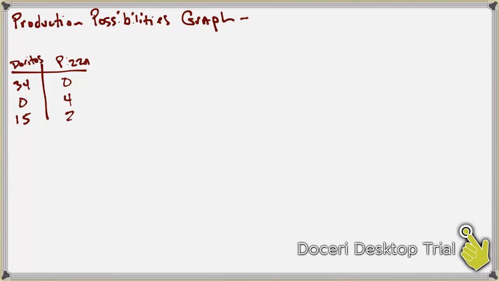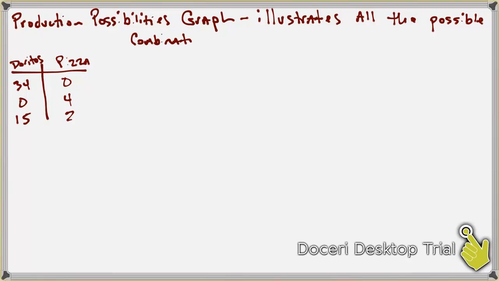So by definition, I'm going to put down that the production possibility graph illustrates all the possible combinations that an economy can use its resources.